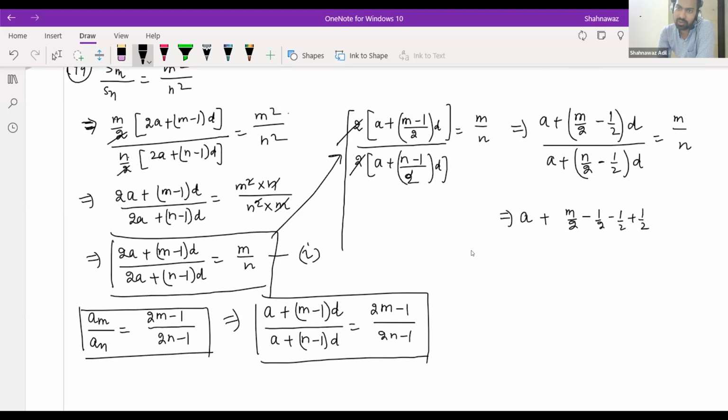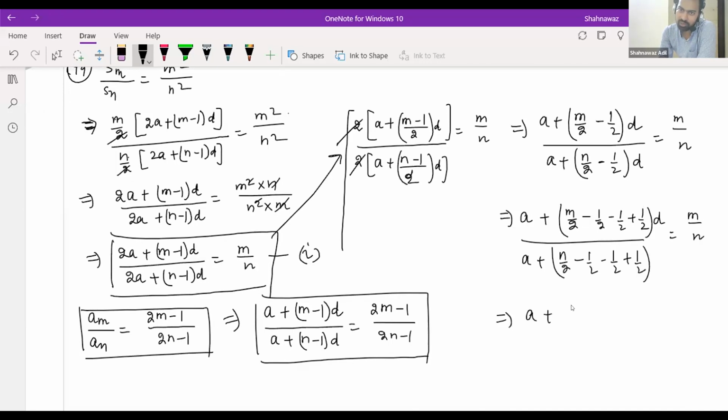Is this clear to you guys? Yes, sir. And similarly, minus half and then plus half. So this is am by an. So this would be a plus m minus m by 2 plus 1, minus 1.